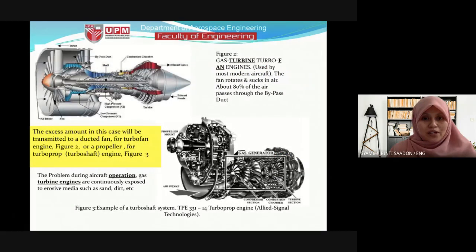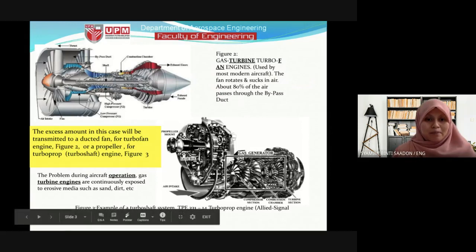Next, an example of a turbofan and turboprop engine. In this figure 2, we see the example of a turbofan engine.